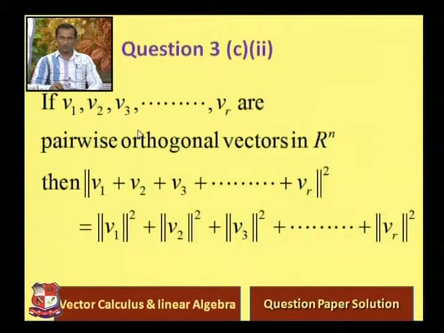Pairwise orthogonal means every pair is 0, except the dot product of v1 with itself, which is non-zero. Then we have to prove that the norm square of the sum equals this.